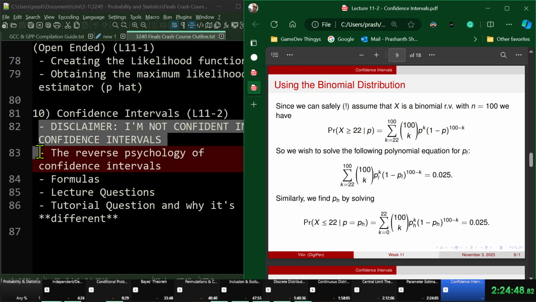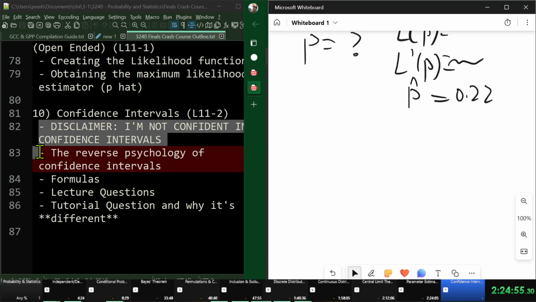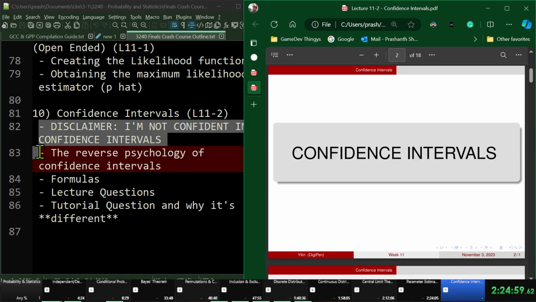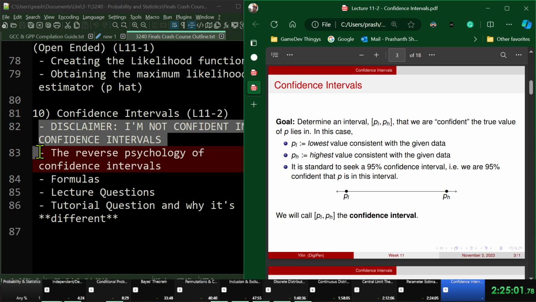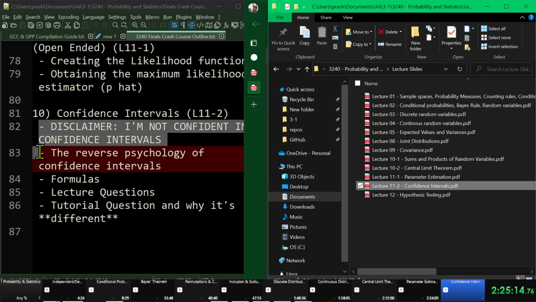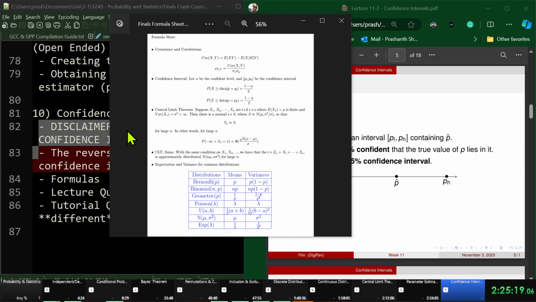So in the tutorial question, they want you to find PL and PH. Like your lowest p-value that would work with the data and your highest p-value that would still work with the data. And the great part is that this is in the formula sheet.